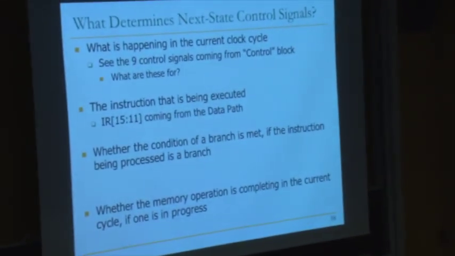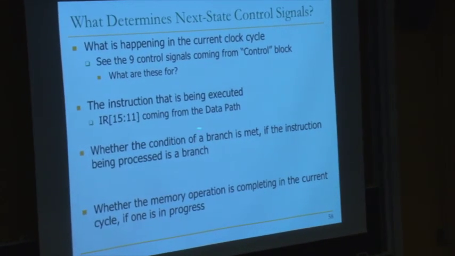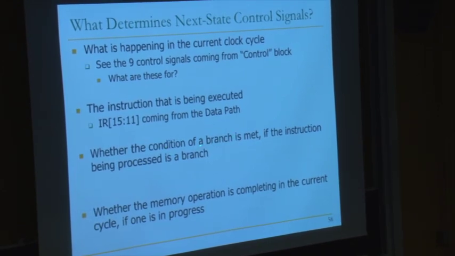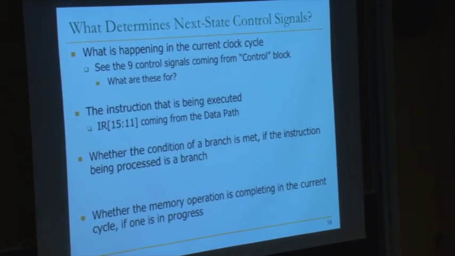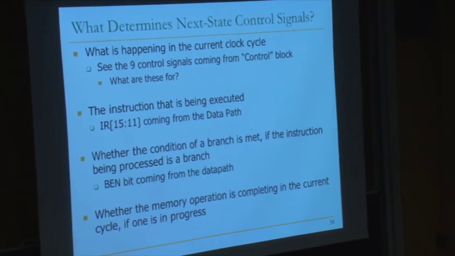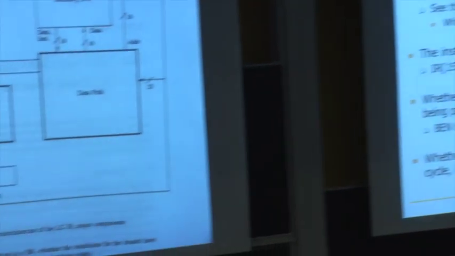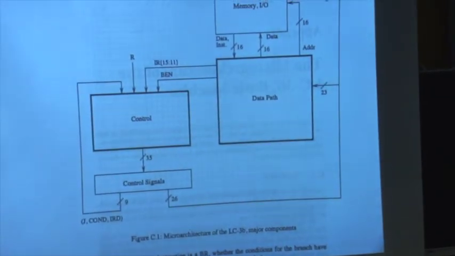Well, the instruction that is being executed, we've already seen that it can determine the next state. Whether the condition of a branch is met, if the instruction that's being processed is a branch, that also determines the next state. That's this branch enable bit. If you're branching, that can determine what your next microinstruction is, right?